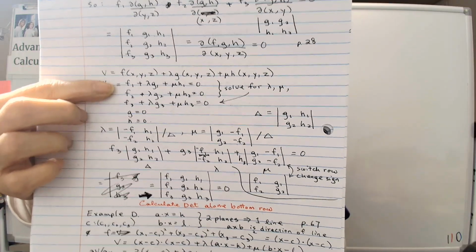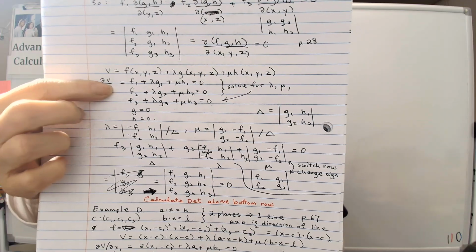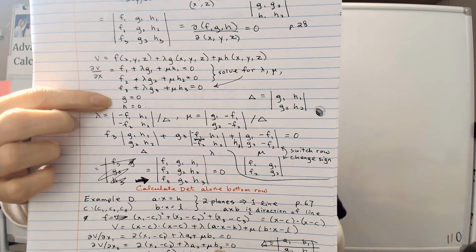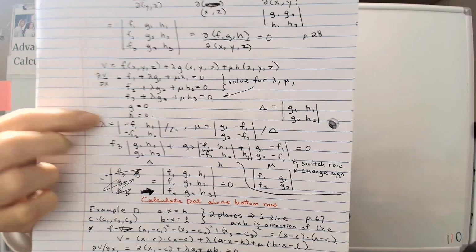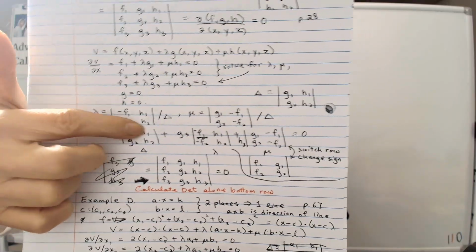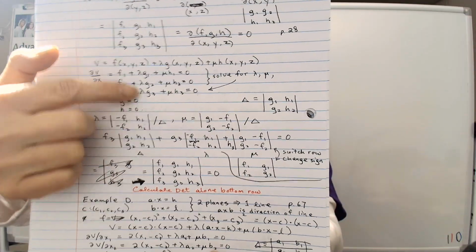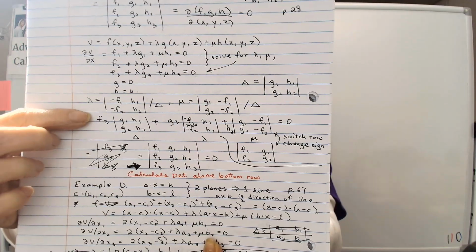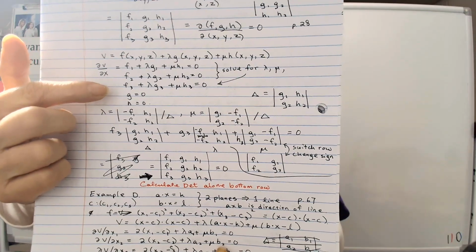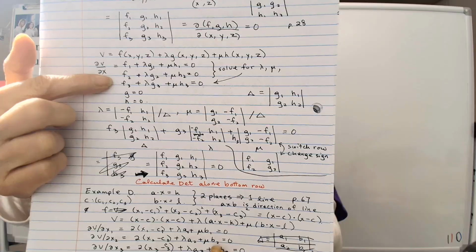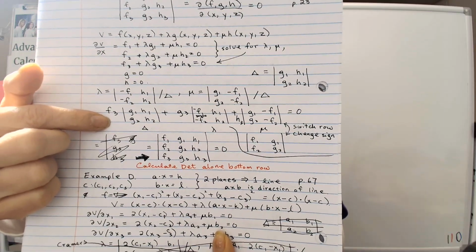But we have lambda and mu in there, and we solve for lambda and mu from a system of equations. So lambda equals, similarly, mu divided by the determinant using Cramer's rule. And when you plug lambda and mu into the third equation right here, we end up with this thing.